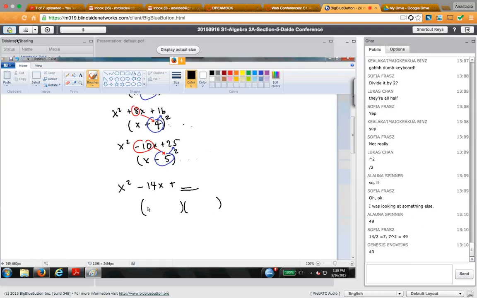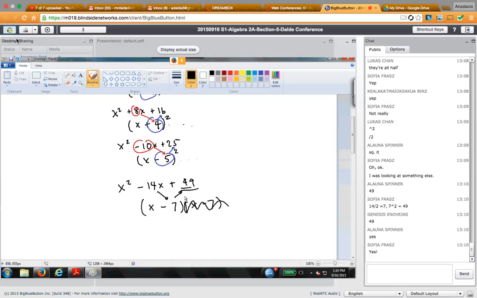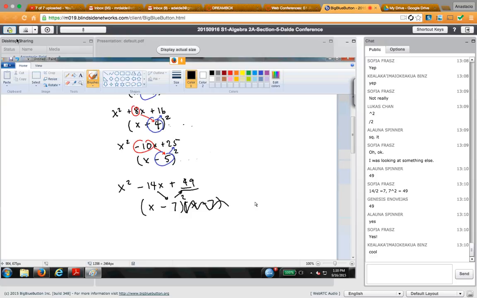Because I know I can do this: x minus 7. According to our pattern, to get this middle number, you have to divide that 14 by 2, and then to get the number we were looking for, you take that number and you square it. So 7 times 7 is 49. Are we cool? If I had a 49 there, that would make this thing x minus 7 squared, and it would be easy. Factoring these kinds of special things is easy, right?